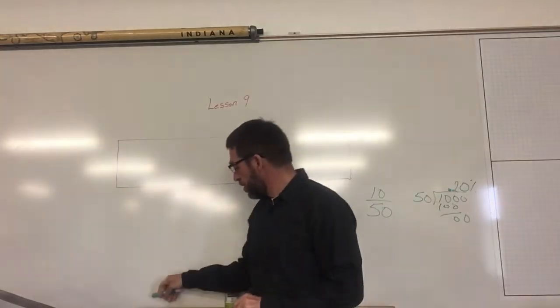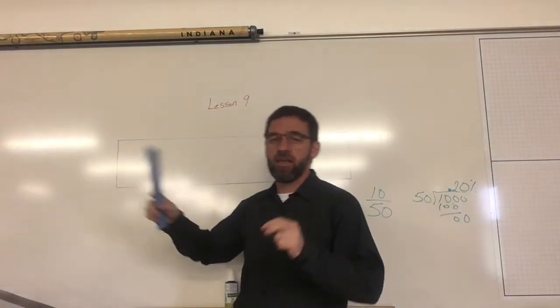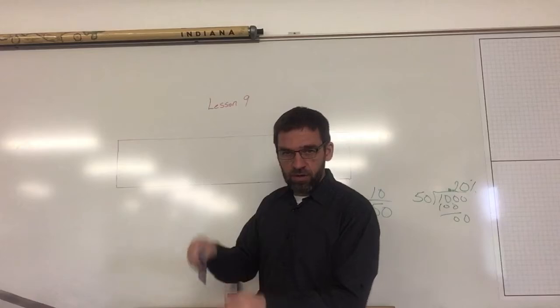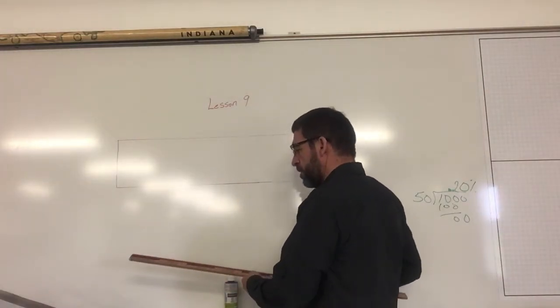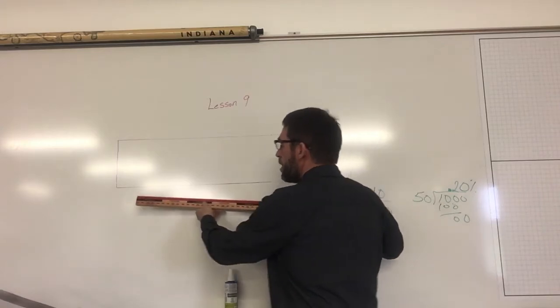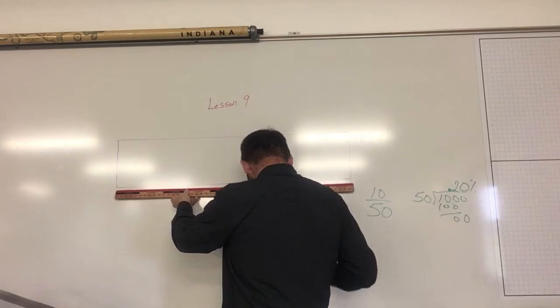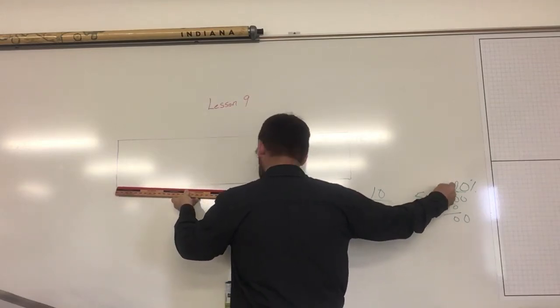Now pick up your ruler. You should have made your box. If you haven't, you push pause on the video right here and make your box 10 centimeters long so that you can follow me. So now I will pick up my ruler, and I start out, and since I'm going double, it's 20%.